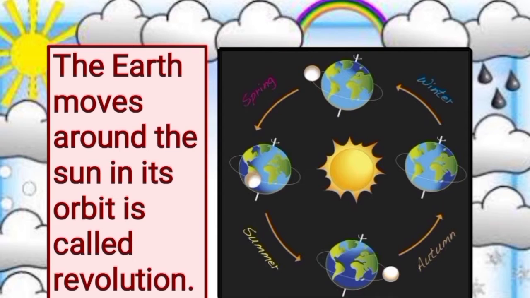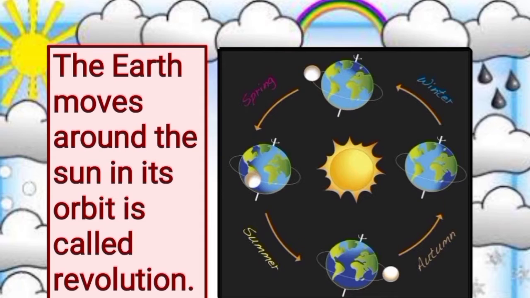Now let's understand what is revolution. Revolution is often used as a synonym for rotation. But in many fields of science like astronomy and related subjects, revolution refers to an orbital revolution, which means it is used when one body moves around another, while rotation is used to mean the movement around an axis.